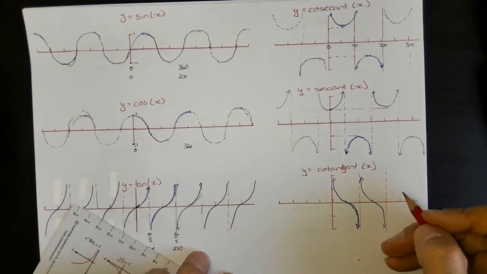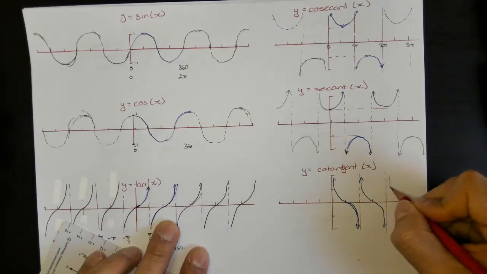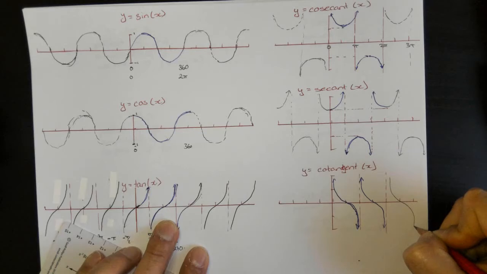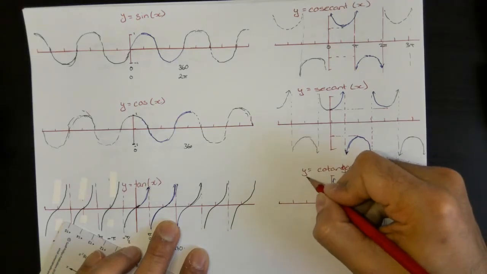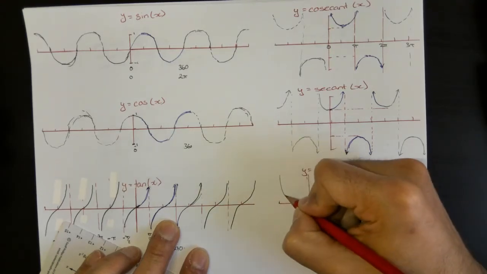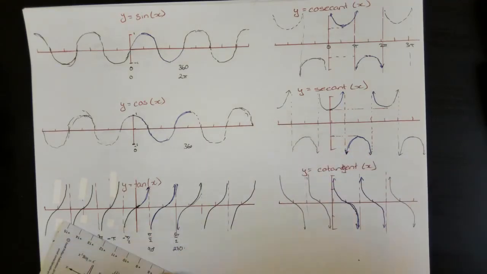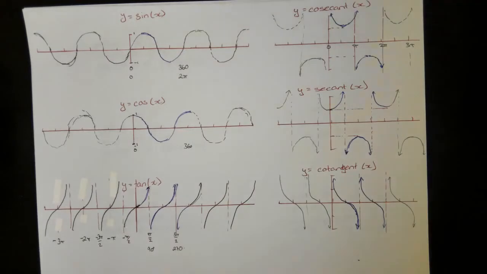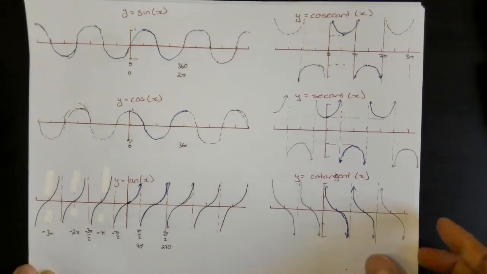And obviously with the cotangent, we still get cot. And so those are the reciprocal graphs of your trig ratios.